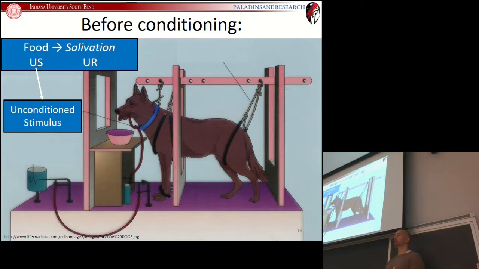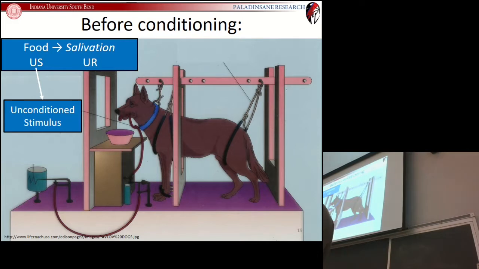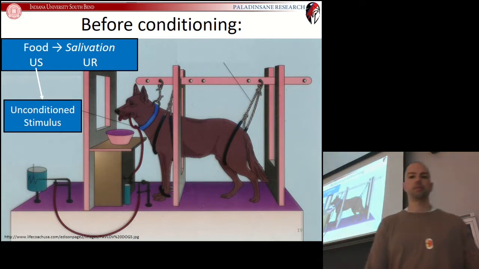The food is unconditioned. It's a stimulus that causes the response, but it's an unconditioned stimulus. So before conditioning, before anything, we have, in this case, food, the unconditioned stimulus, causes salivation, the unconditioned response. So far, so good? All right.